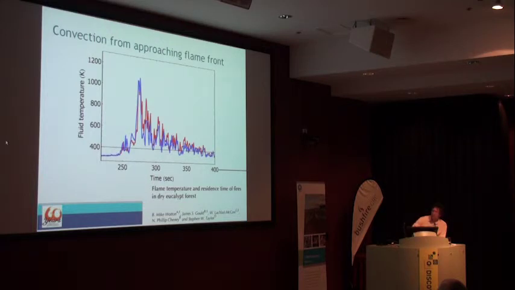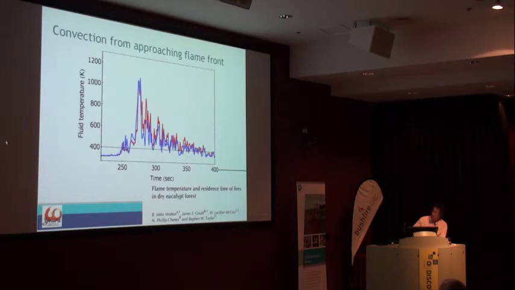So in the end, we get something like this. This is what we call a temperature time profile, where we have time as the fire approaches, lower temperatures, and then the fire reaches about 600 Kelvin, this is 300 C, a rapid increase in temperature because the flame arrived, and then it decreases slowly.